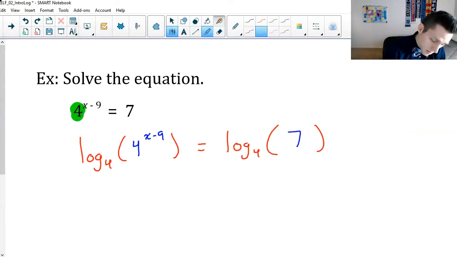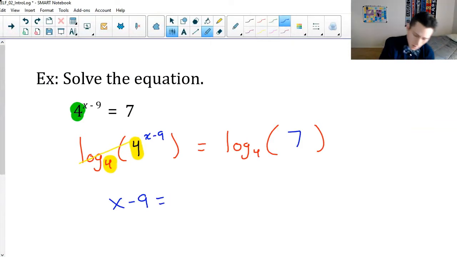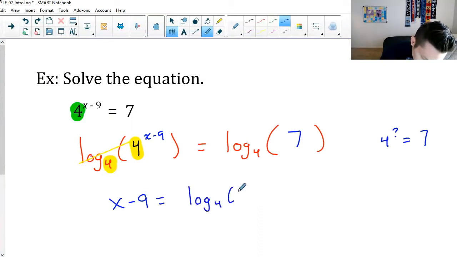And then since these bases are the same, a logarithm base 4 and an exponential base 4, that means I can just cancel those, leaving me with x minus 9 equals log base 4 of 7. So again, real quickly to myself, I think, 4 to what power makes 7? I don't know. It's going to be some sort of decimal, so I don't want it. So I will just continue to write log base 4 of 7.